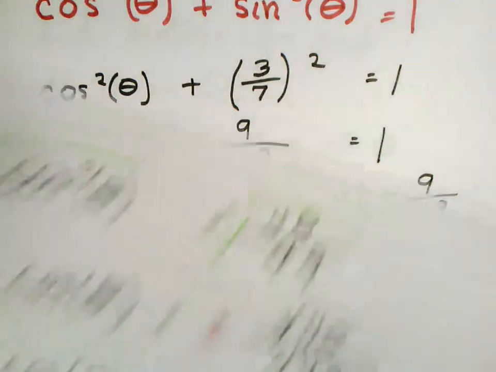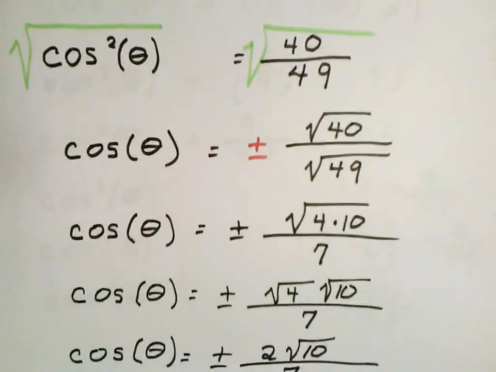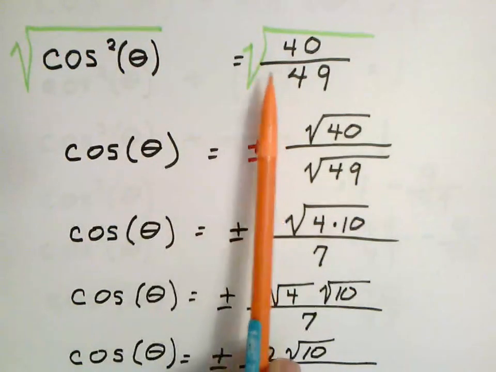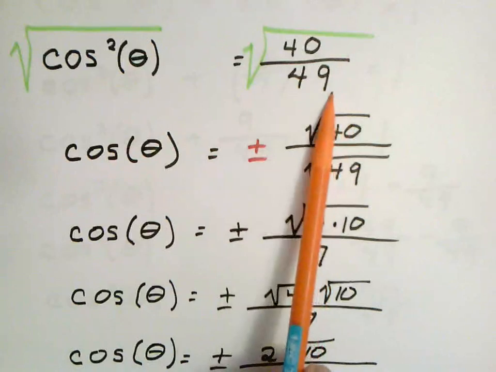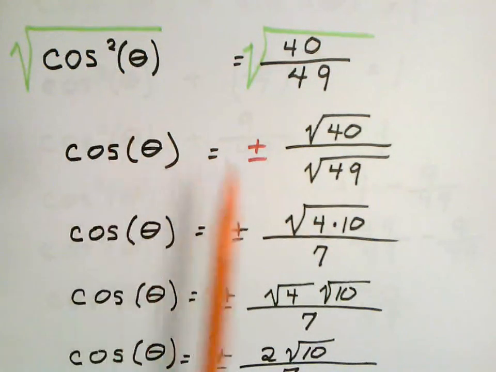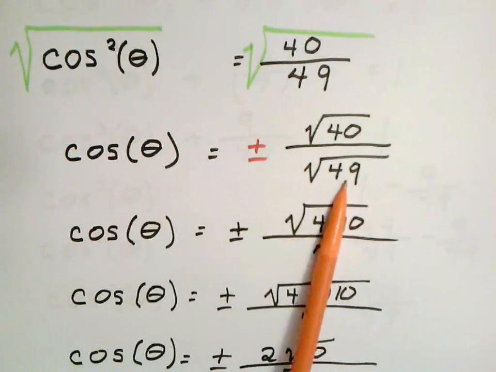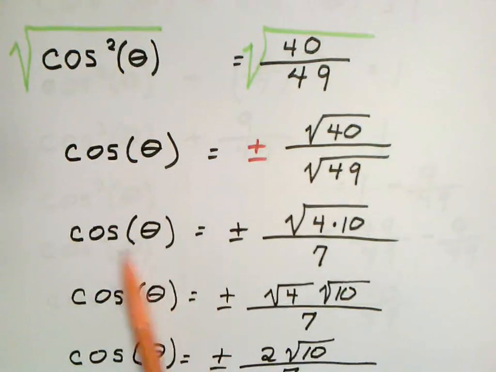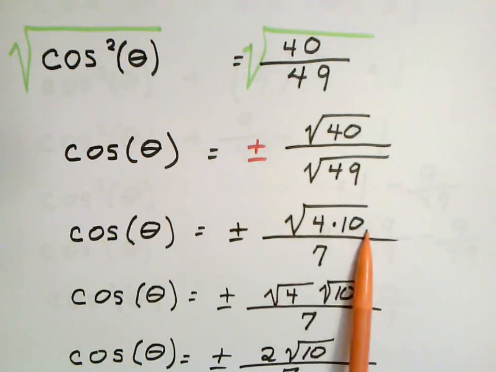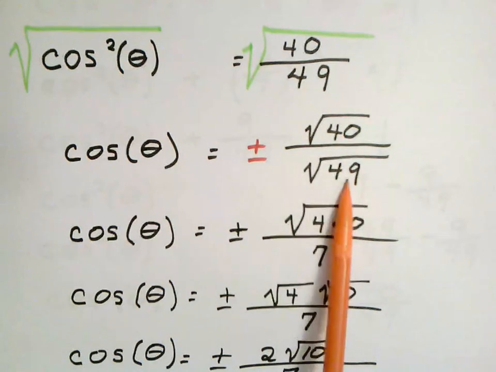So what we're going to do, we're going to take the square root of the cosine squared of theta, which will be equal to the square root of 40 over 49. When we take the square root of something that is already square, we're going to get plus or minus. So the cosine of theta equals plus or minus the square root of 4 times 10, trying to simplify the numerator and denominator.